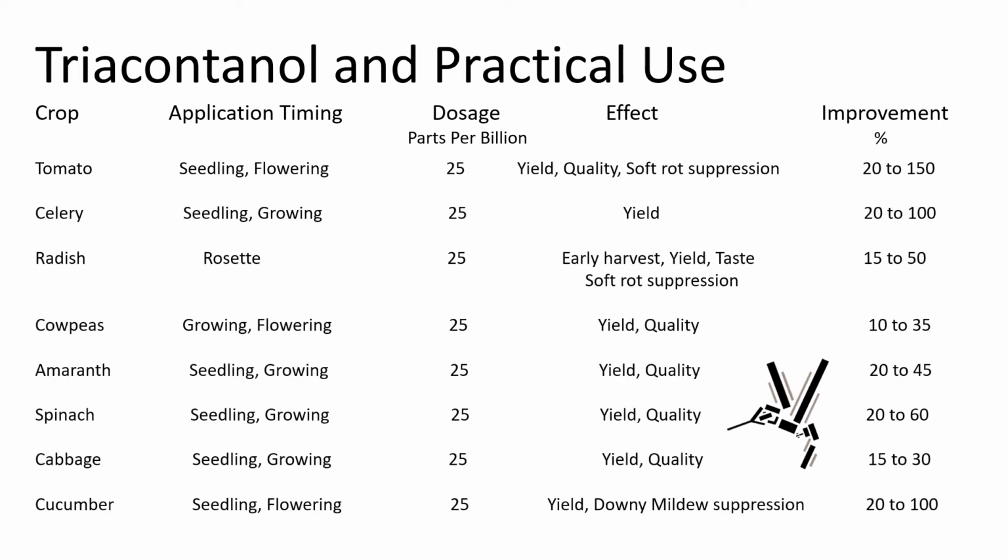And here with tomatoes, they show a 20 to 150% improvement. So potentially, according to their data, it's a pretty incredible thing that tricontanol is doing for them.